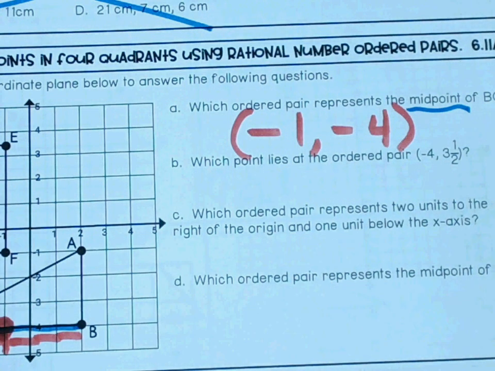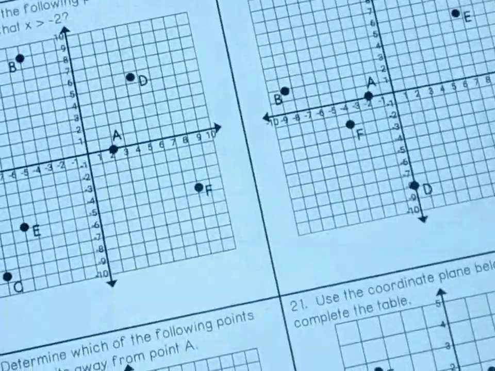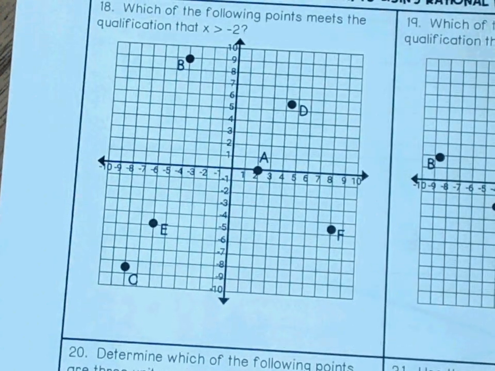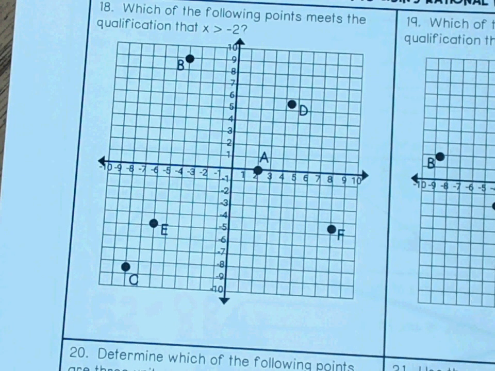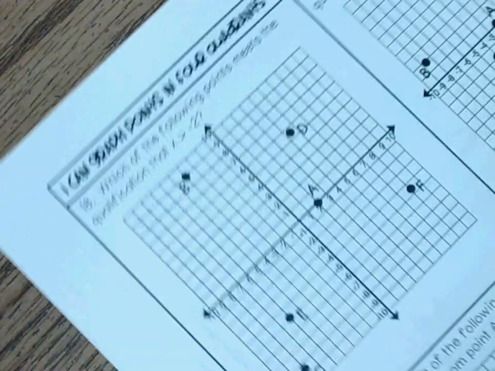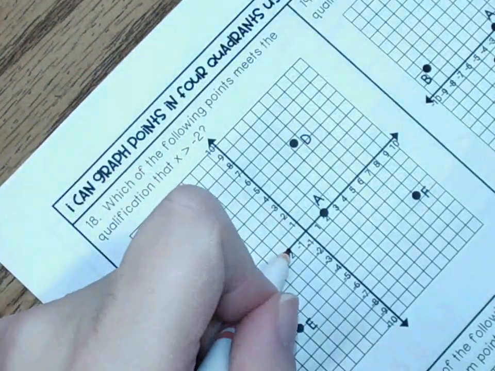Alright, and then I have two more on the back. Flip it over. Number 18 and 19 I want to do with you real quick. On number 18 it says, which of the following points meets the qualification that x is greater than negative 2? So what I want to do is think, okay, well, if my x number, that's the first number, is greater than negative 2, here's my negative 2.